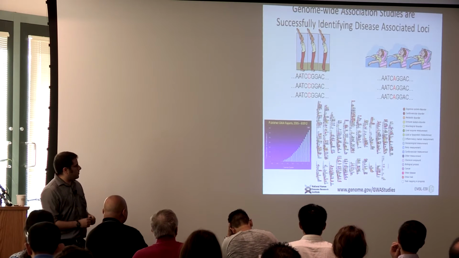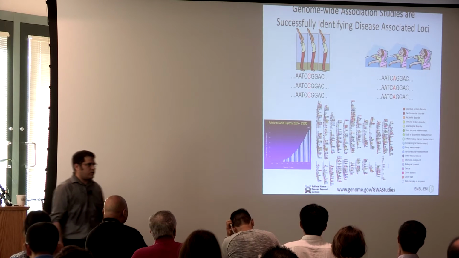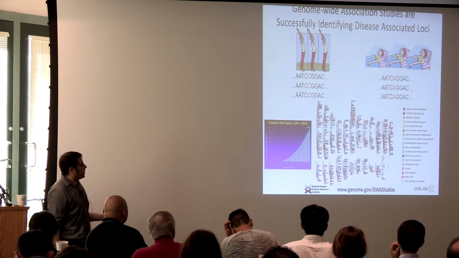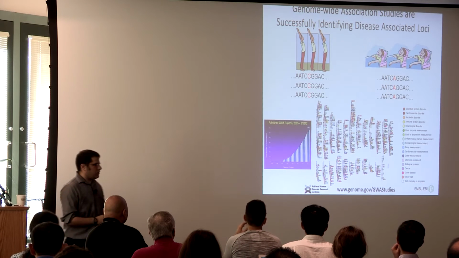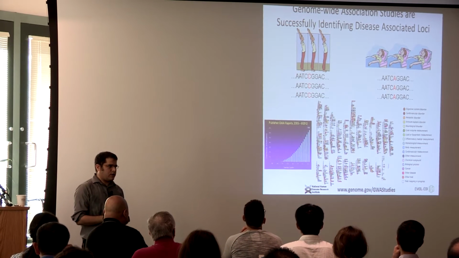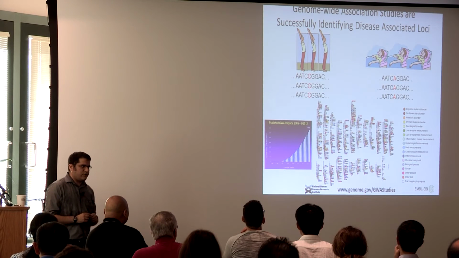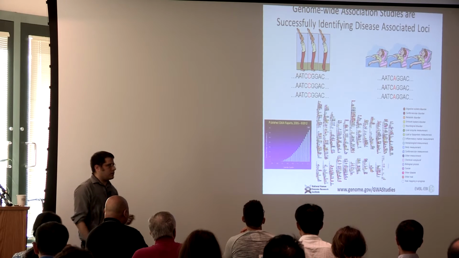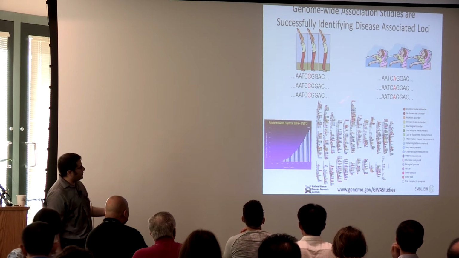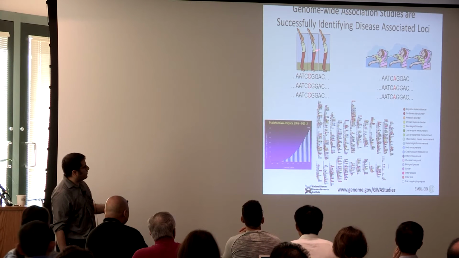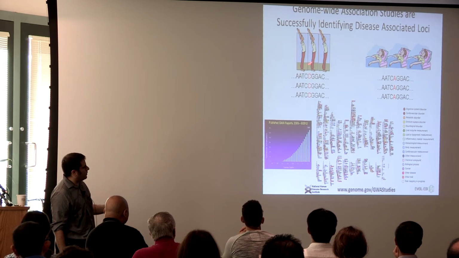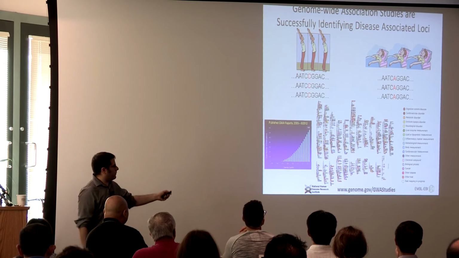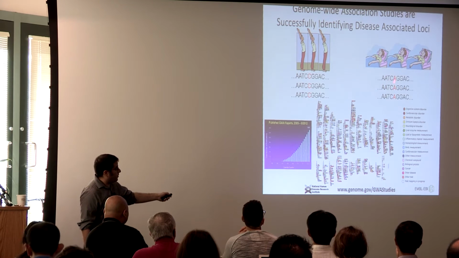And what's motivating a lot of interest in these non-protein coding parts of the genome comes from genome-wide association studies. These are unbiased studies to identify important locations in the genome which might be associated with disease or other phenotypic traits. The general strategy is you take a cohort of individuals who might be healthy and another cohort of individuals who have some type of disease or phenotype you're interested in.